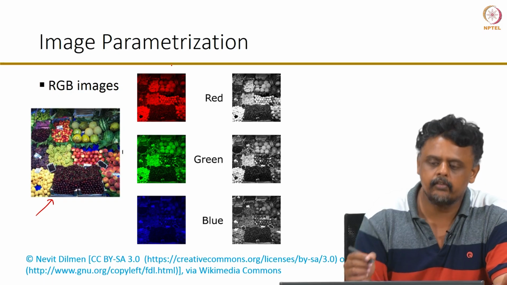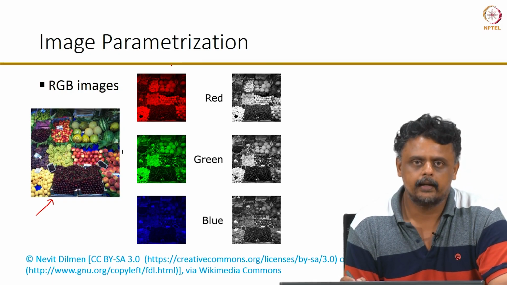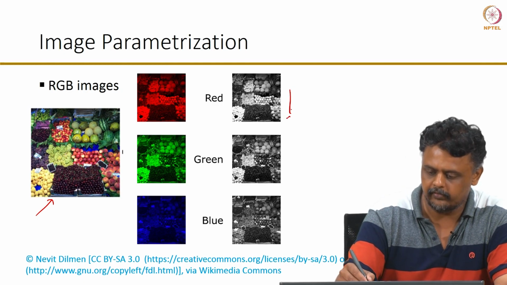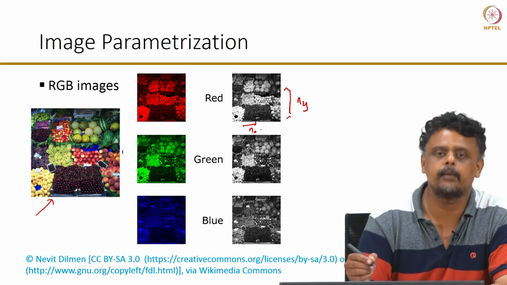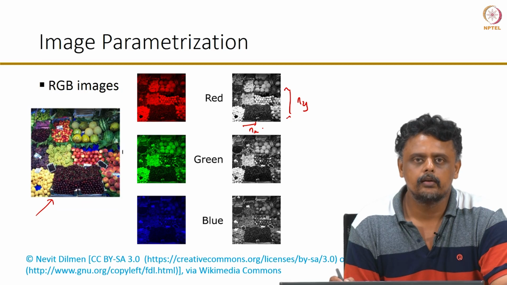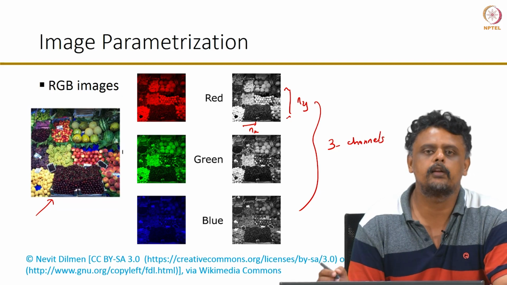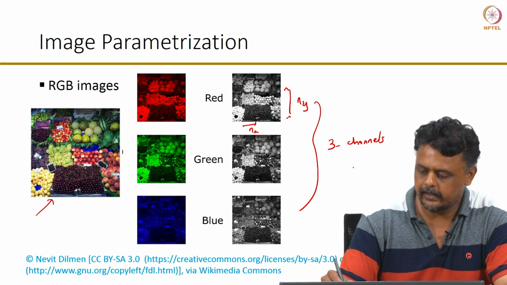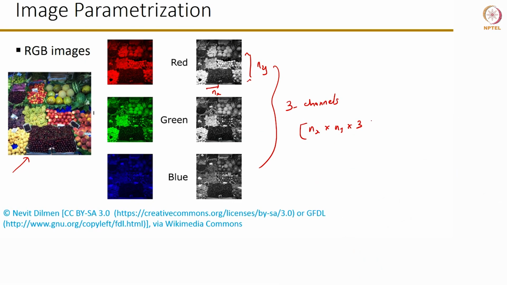So, if you want to give a CNN an RGB image as input, for every image you have nx times ny pixels as input. However, there are also 3 channels, as they are called, which is the terminology typically used in CNNs. So, your input is basically of size nx cross ny cross 3.